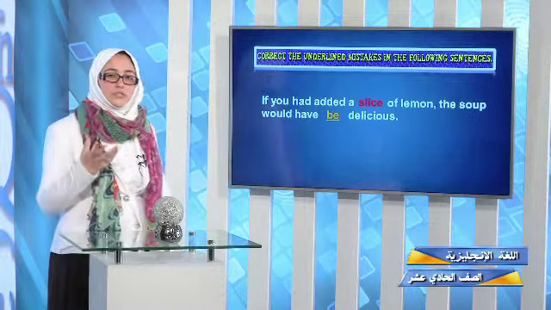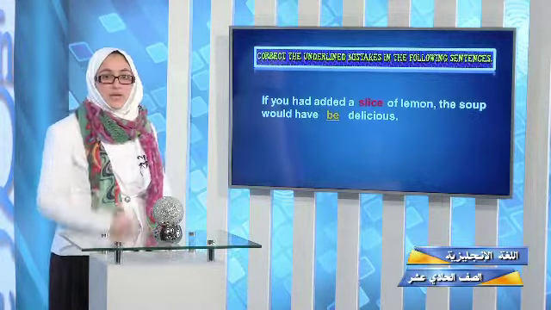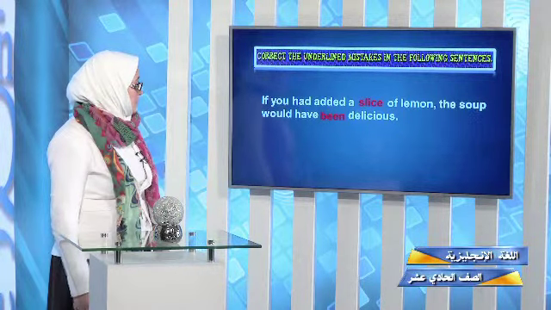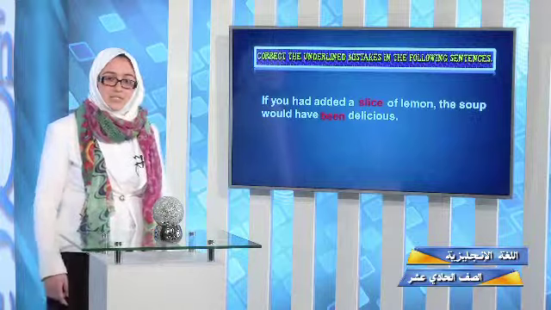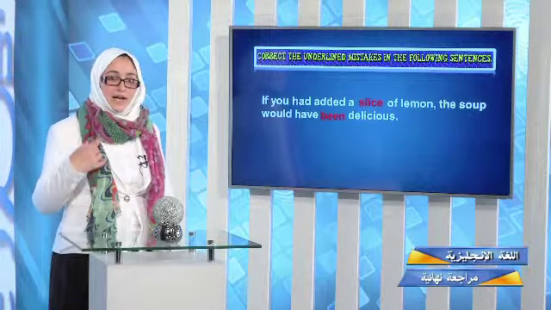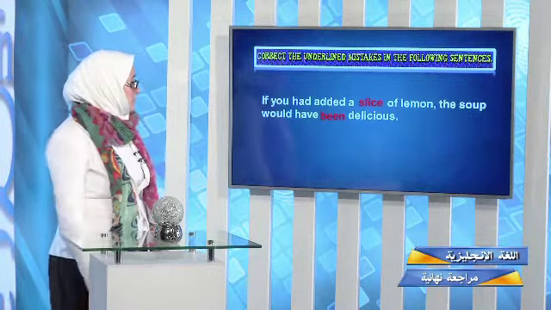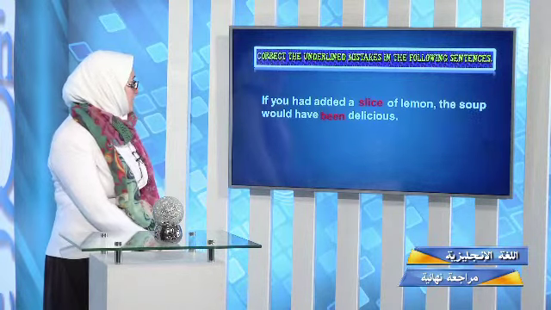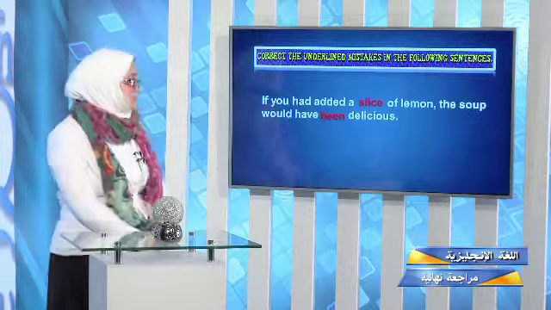Lump is usually used for sugar or salt or anything like that. And the second one would be replaced with "would have been delicious". We're talking, of course, in the past. So the correct sentence would read, if you had added a slice of lemon, the soup would have been delicious.